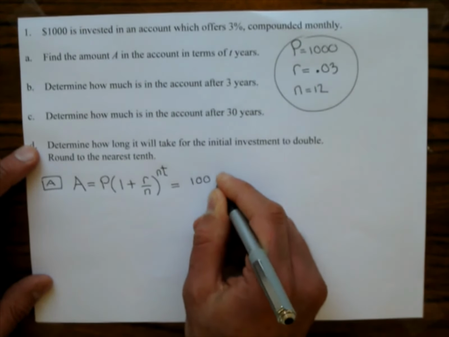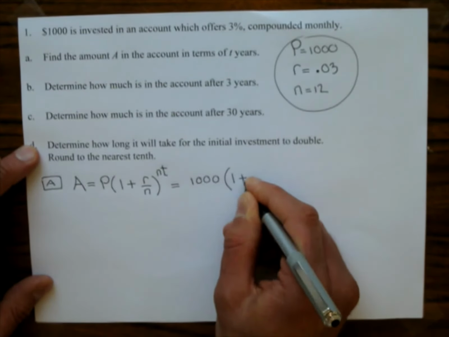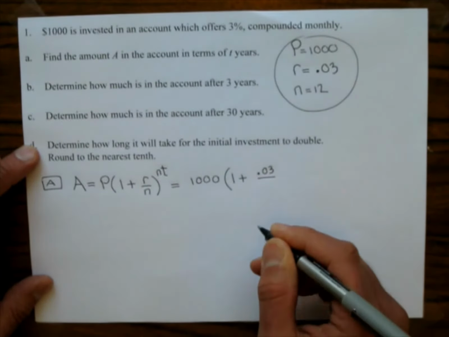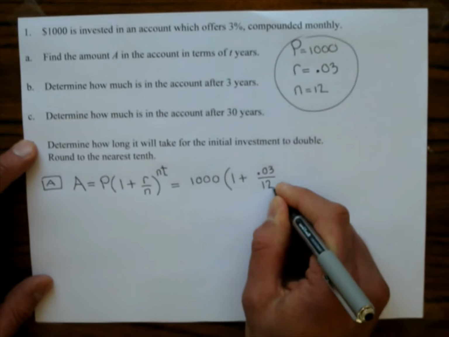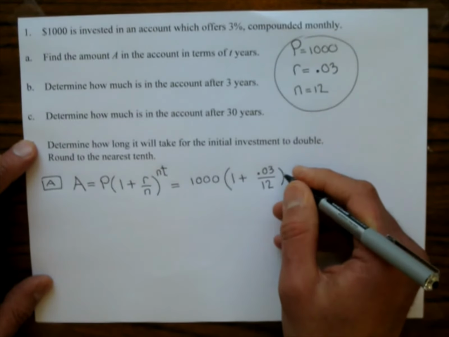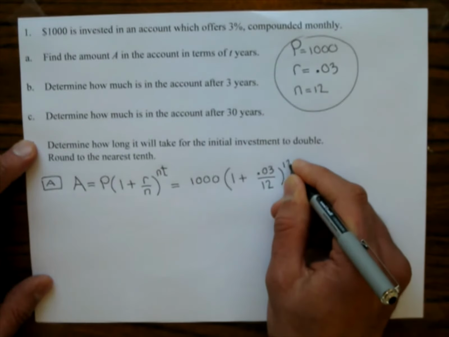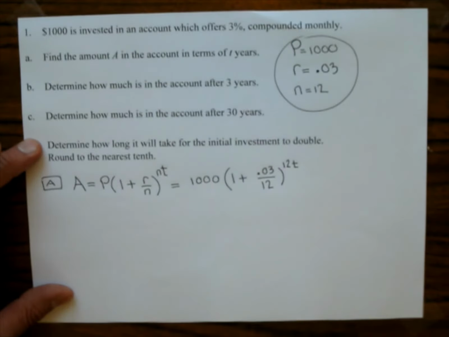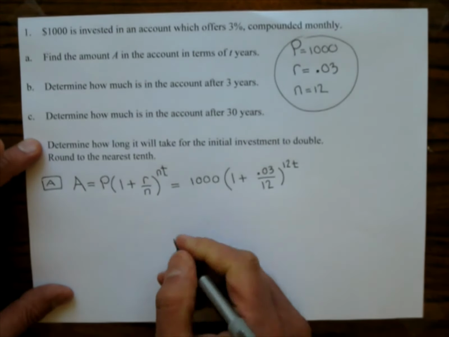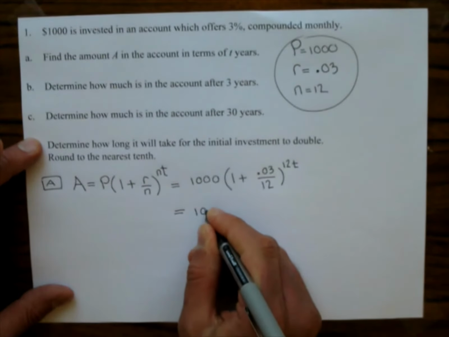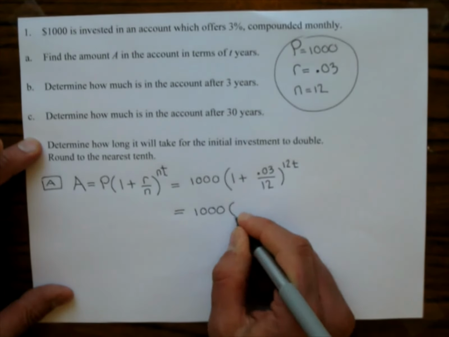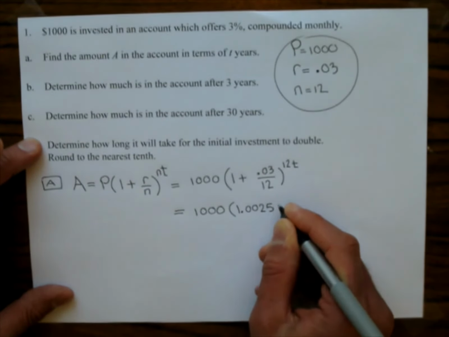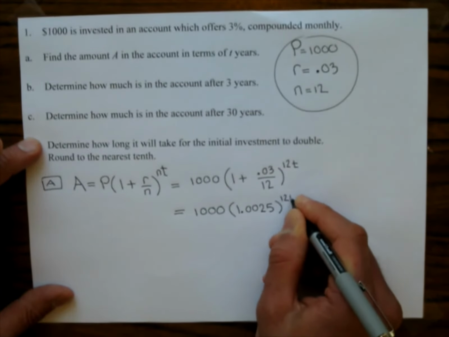So we have 1,000. We have 1 plus R, which is 0.03. You definitely want to put that as a decimal and not keep it as a percent. Then N is 12, and then T. On this, we can crank this in our calculator, and what I'm getting is 1,000 times 1.0025 raised to the 12t power.